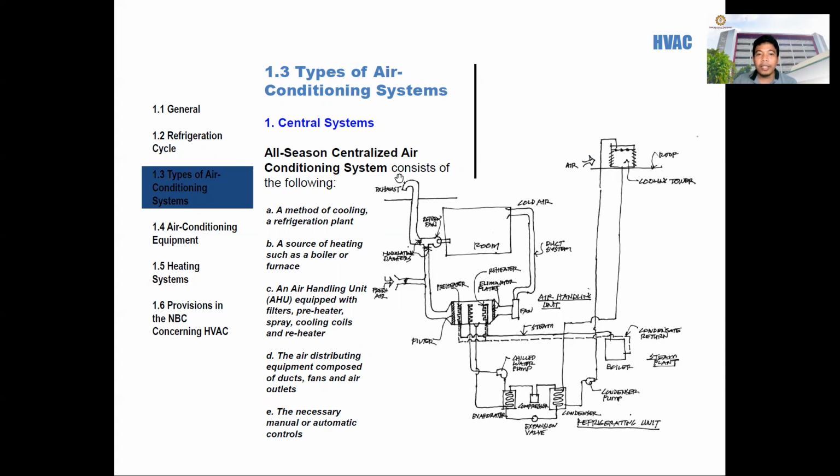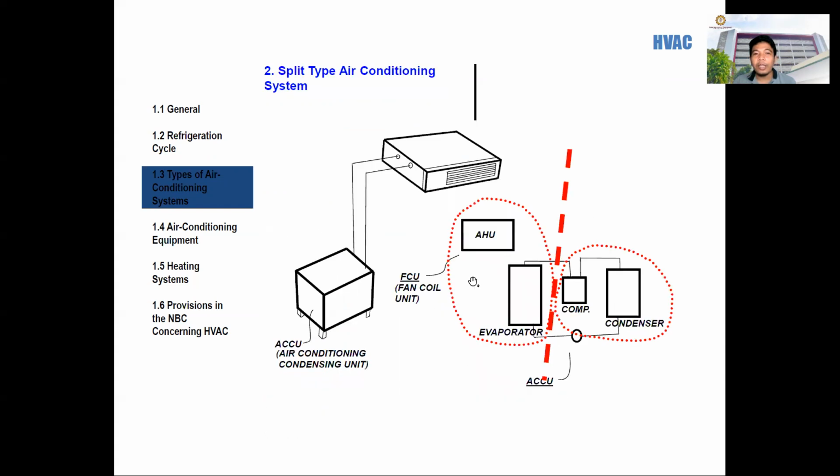Okay, so that's for the centralized air conditioning unit. More likely, this is for mechanical engineers. As civil engineers, we can at least design a window type air conditioning unit or a split type air conditioning unit.